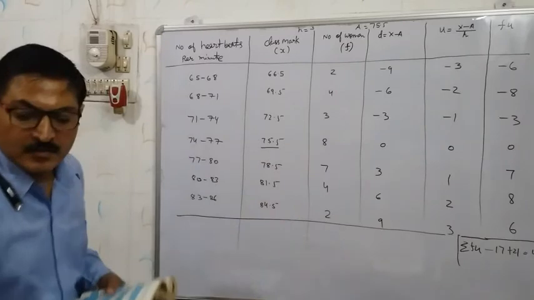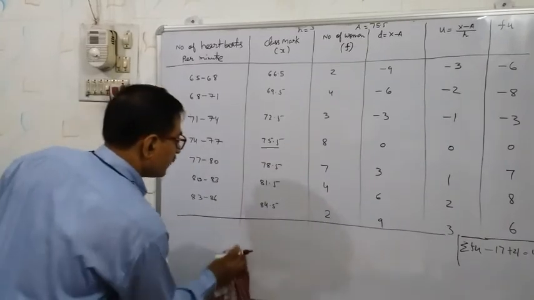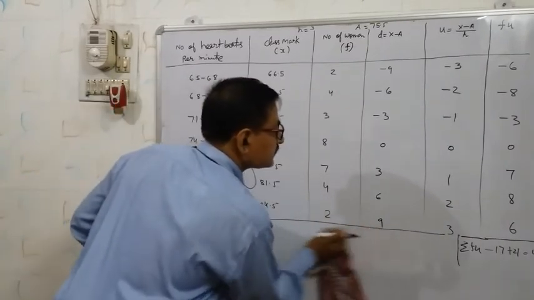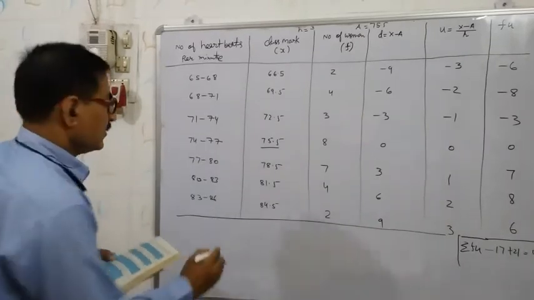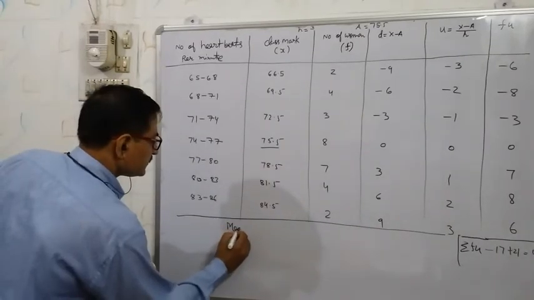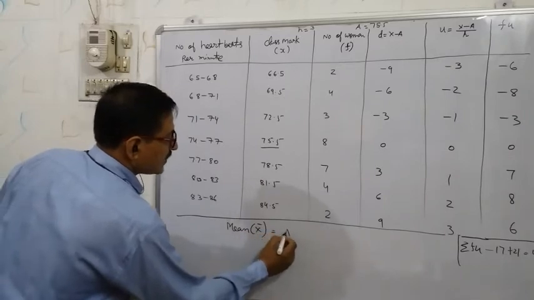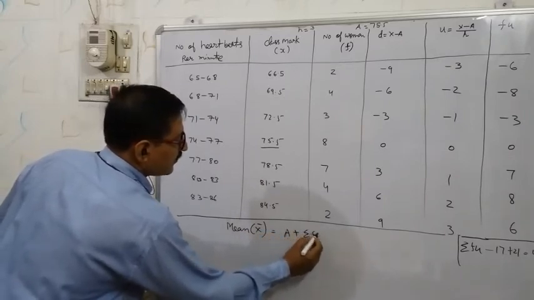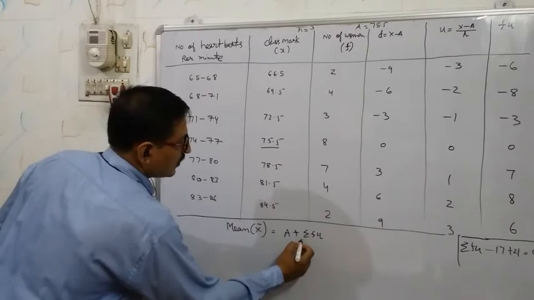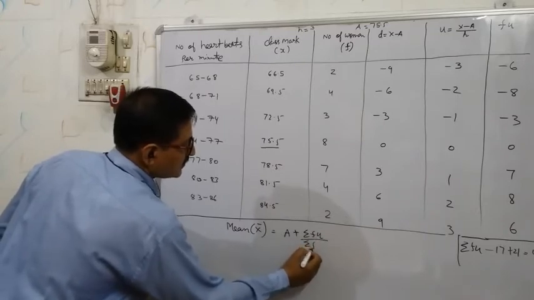Now we'll write down the formula. The arithmetic mean, which we denote like this, equals a plus sigma fu upon sigma f.